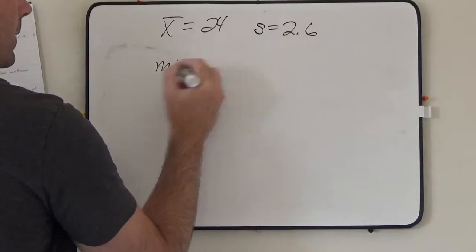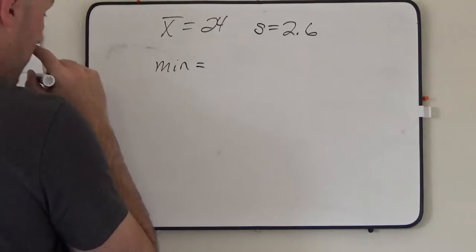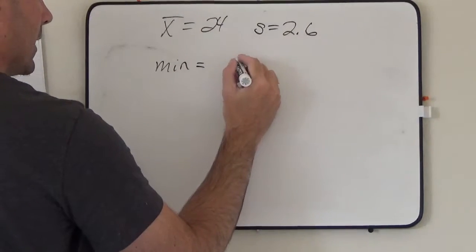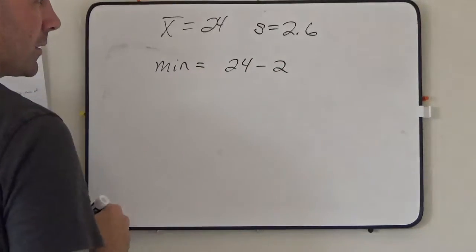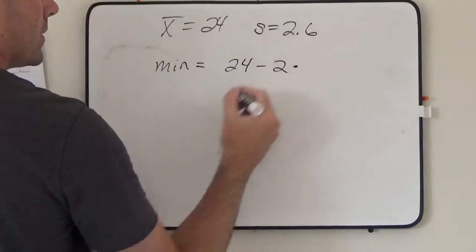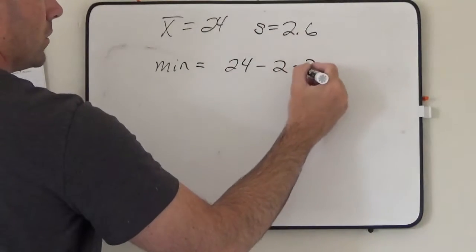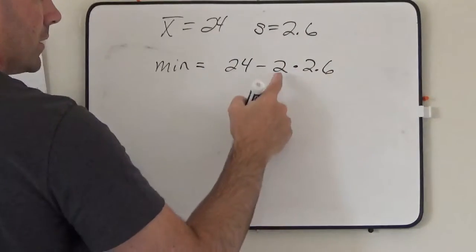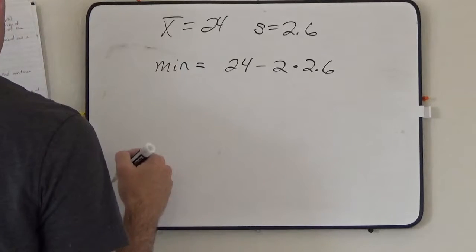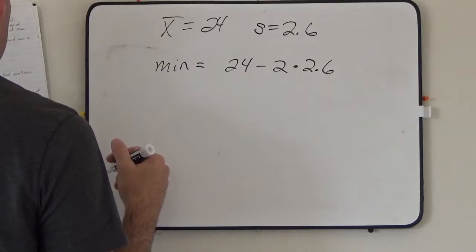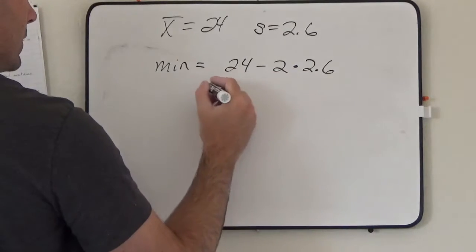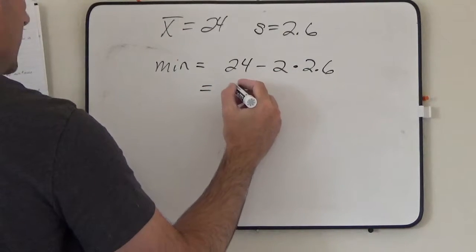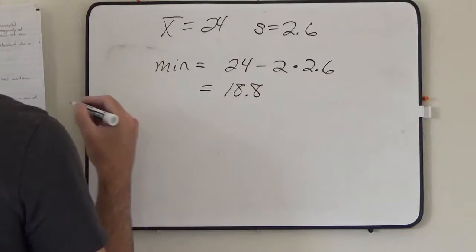So for the minimum, we're going to take the mean, which is in this case 24, minus 2, that's automatic because it's part of the formula, times the standard deviation, 2.6. 2 times 2.6 is what we'll do first, and then we'll do 24 minus that answer. So the actual answer for the minimum that you should get is 18.8.